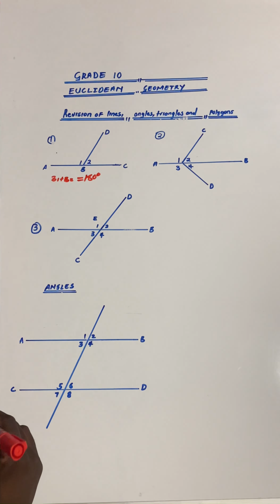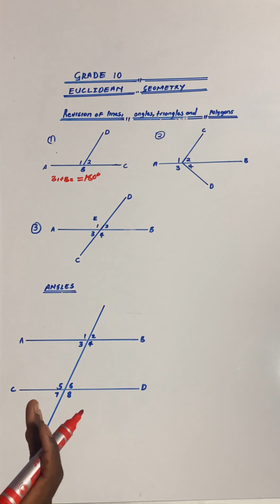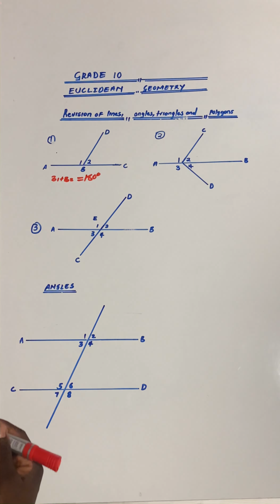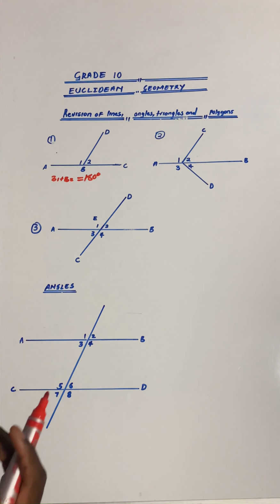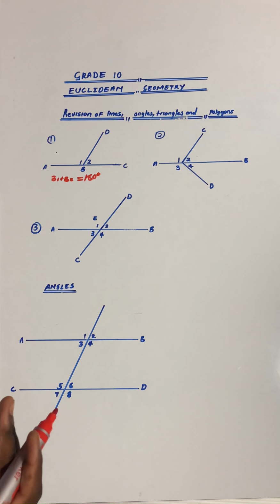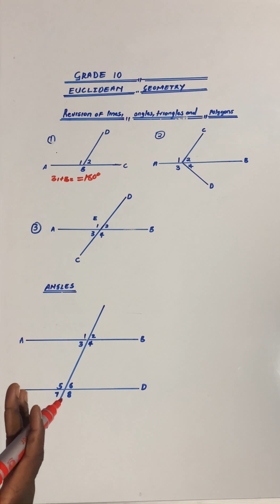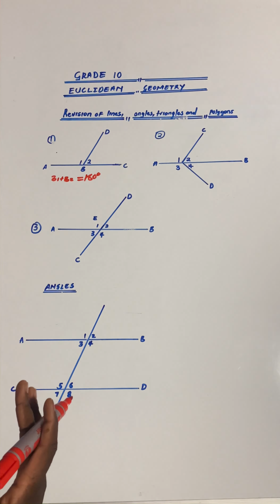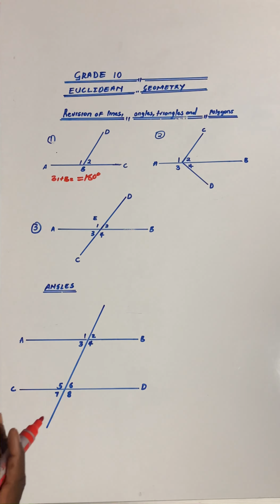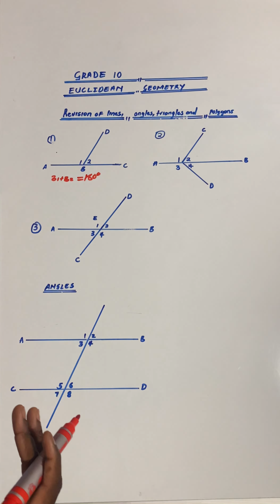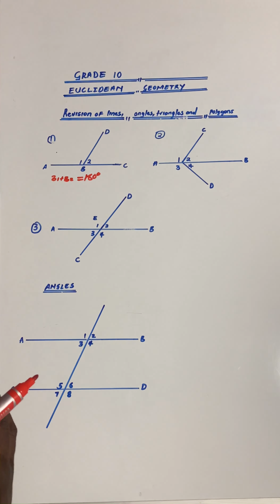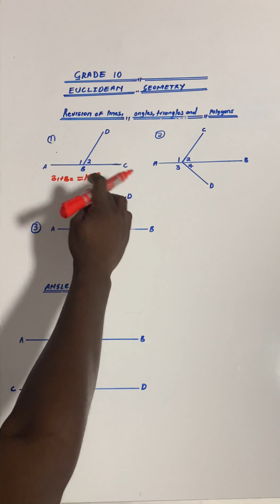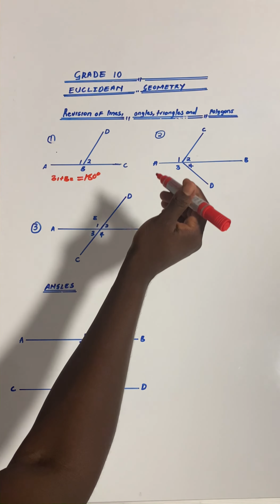So every time you are dealing with a straight line and there are adjacent angles next to each other, these adjacent angles are supplementary. Supplementary means adding up to 180 degrees. I hope you are getting the hang of this and are not confused. It's just as simple as that. There's no trick to it. It's straightforward. So B1 plus B2 equals 180 degrees. Angles on a straight line will be the reason that you use.